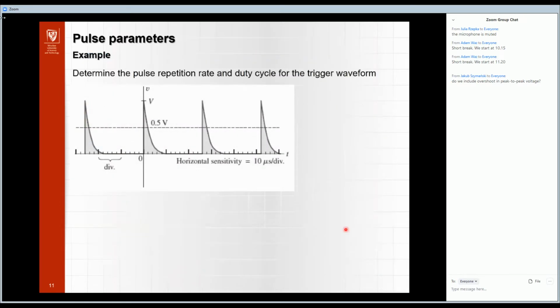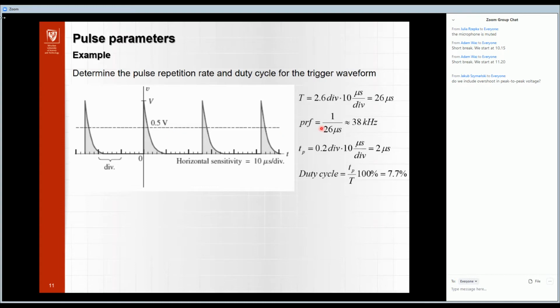Okay, so determine the pulse repetition rate and duty cycle for the trigger waveform. We have the div setting, and we know the sensitivity from this point to this point: 10 microseconds per div. So we can calculate the period.